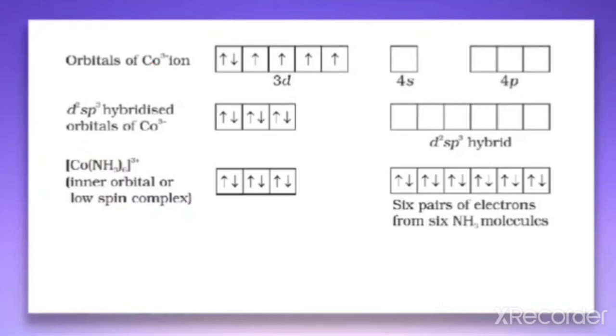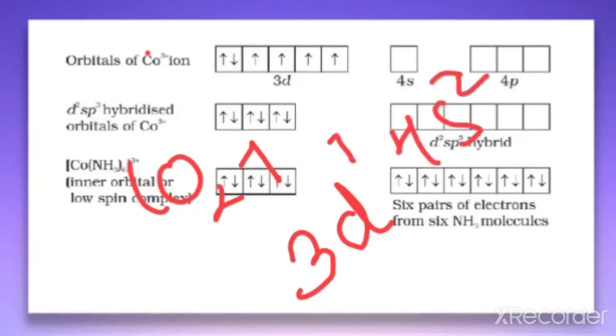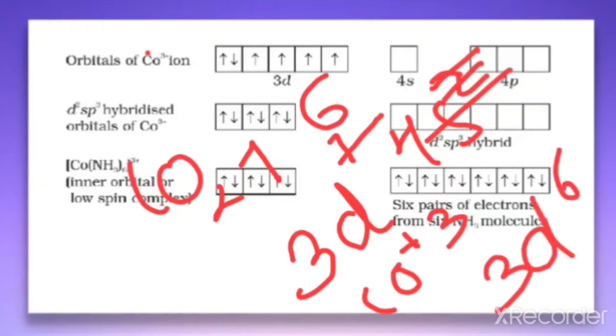So write down the electronic configuration of Co3+. Co has atomic number 27, so its ground state configuration is 3d7 4s2. But Co3+ means you have to remove 3 electrons, that is 2 electrons from 4s and 1 electron from 3d. So how many remain? 6. That means 3d6 is the configuration for Co3+.